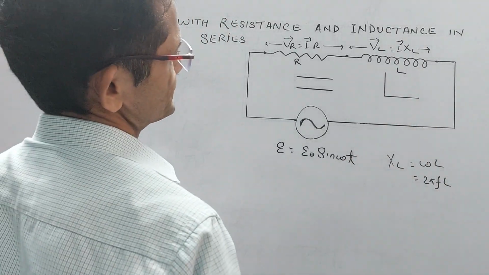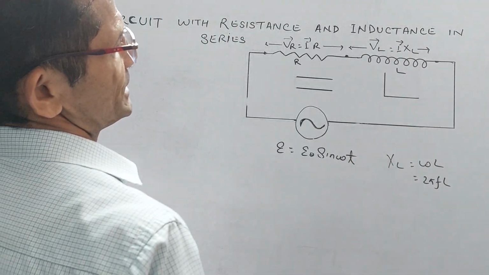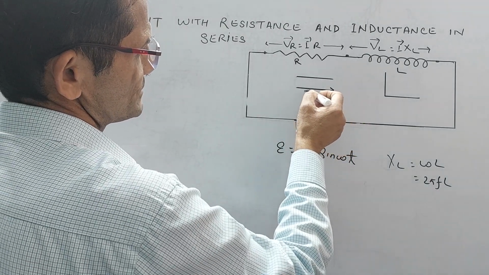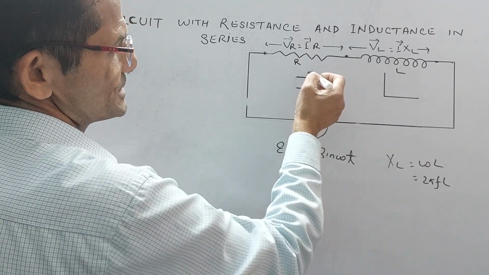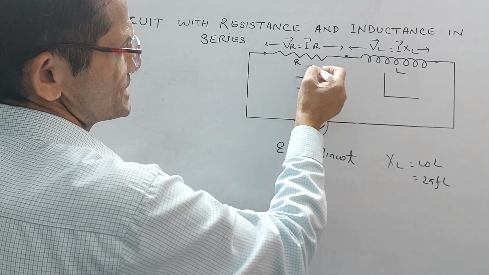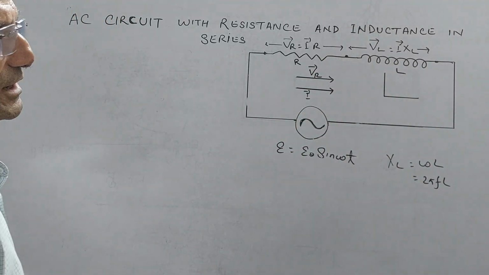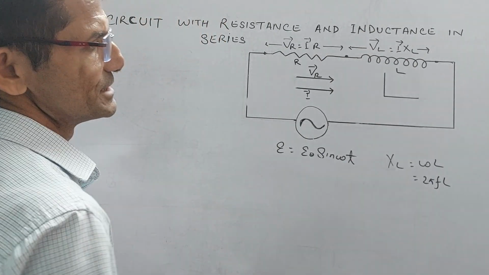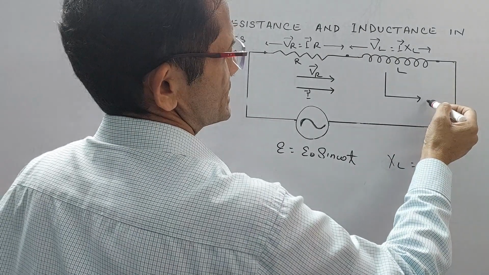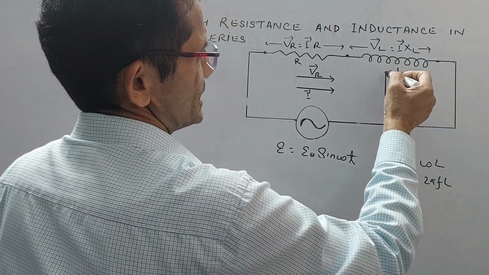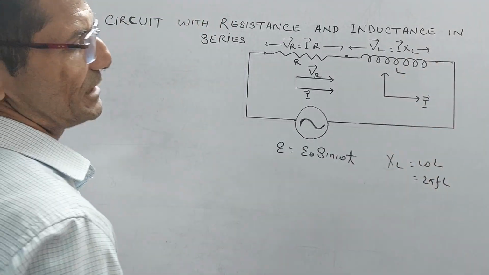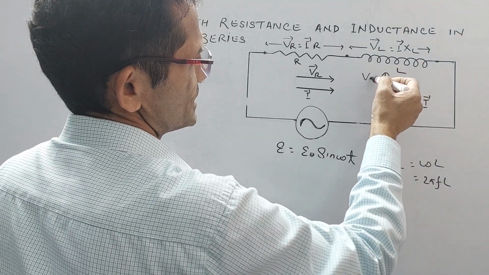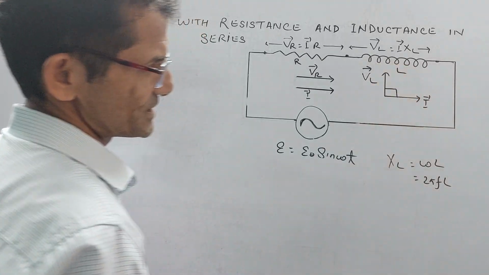We already know that current and voltage in a resistor are in the same phase. If this is the current vector, the voltage across the resistor will be in the same phase. Likewise, we know that when there is only an inductor in an AC circuit, taking I as the current vector, the voltage vector across the inductor is ahead of the current by an angle of 90 degrees. So these are the phasor representations of voltage and current.